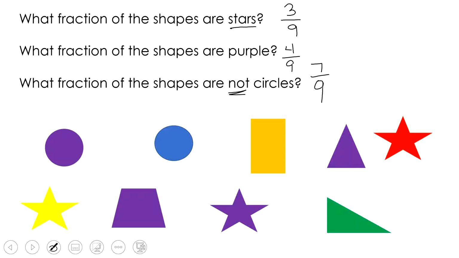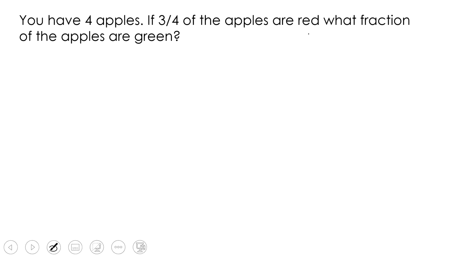So 7 of them are not going to be circles. And if you notice, remember, my denominator always stays the same because I never change how many shapes I have. So let's try something that's a little bit trickier.